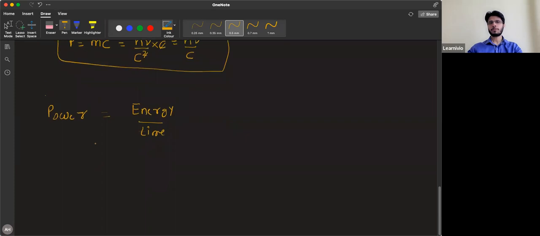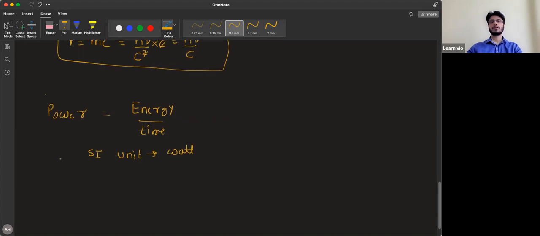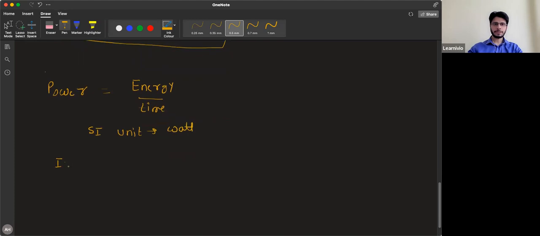And the SI unit of power is what? Then you have another thing which is intensity. See, intensity is power per unit area.